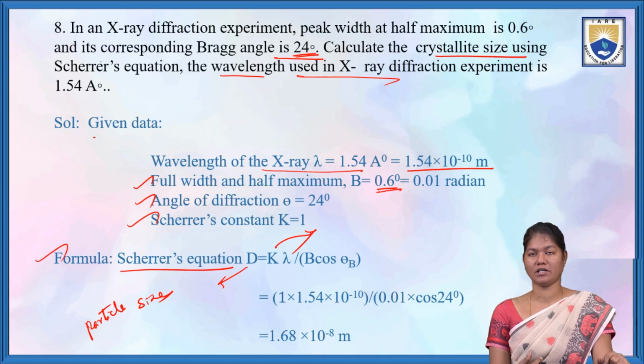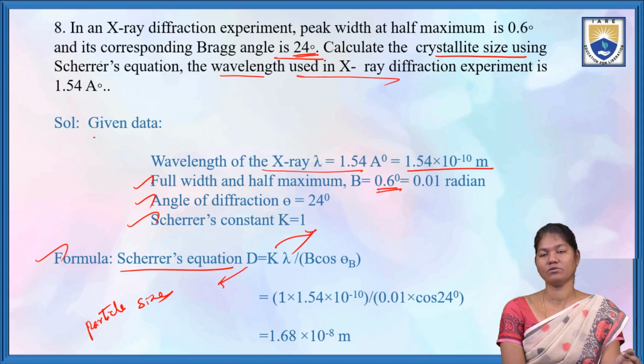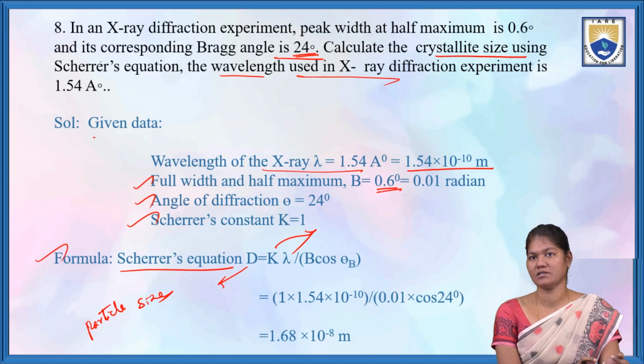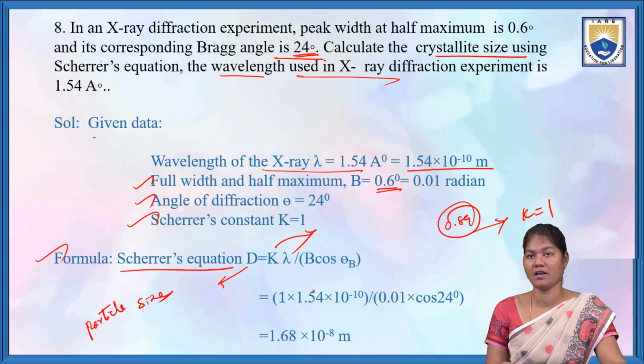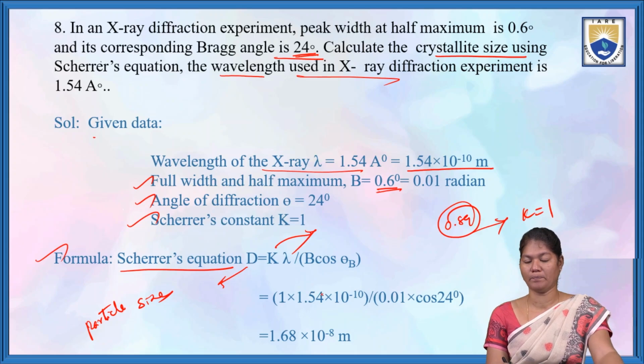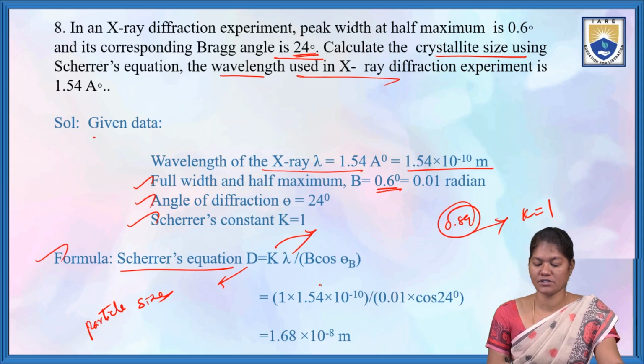It would come around 0.89, but we'll take the K value as 1 for crystalline solids.